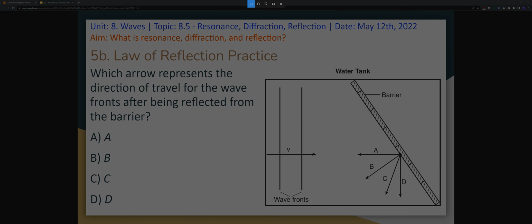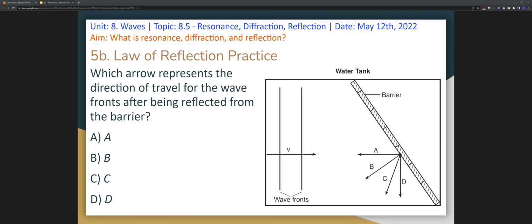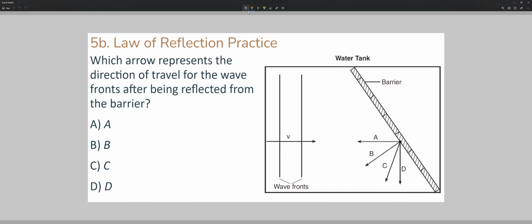Now 5b is a little bit trickier. You have an incident wave that travels towards this barrier, and they want to know the direction of travel for the wave after being reflected. First you have to figure out what your normal line is. Your normal line is B, because this is your barrier.